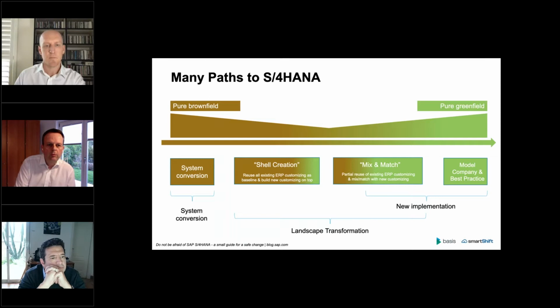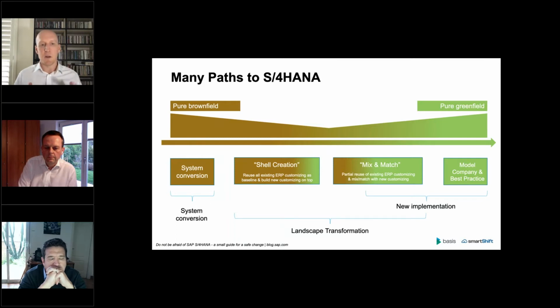A typical trend we see, despite it being brownfield or greenfield, is that customers are looking for smart ways of getting to S4. That includes taking optionality and trying to gain quick wins, but also getting faster in the whole process and not getting lost in science projects. As many customers had started a greenfield journey, we see that they rethink the whole approach and get back to some smarter ways of getting to S4.